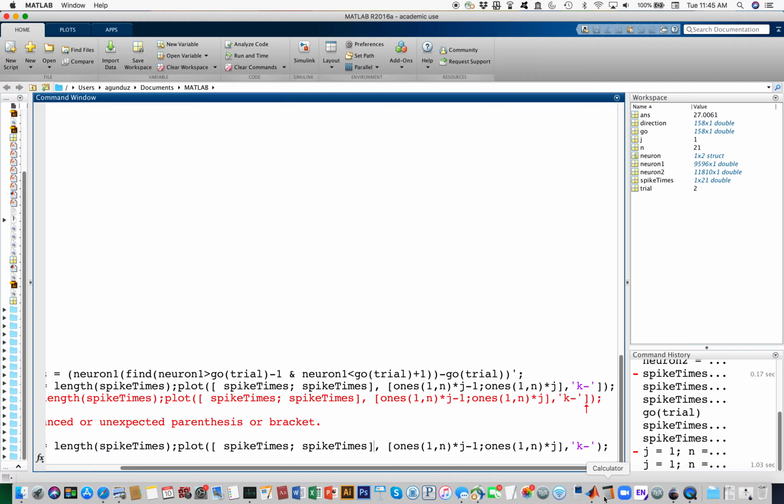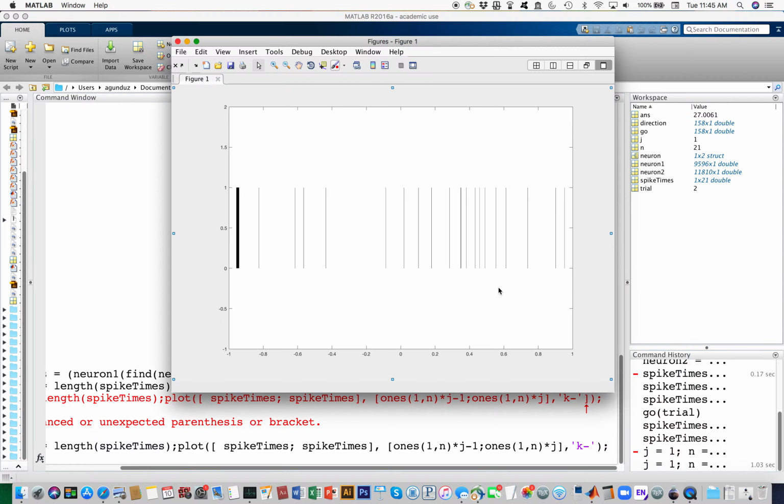Okay, so going back to my figure, we can see that's exactly what happened. We had a dot at minus 0.95 plotted at 0, and we had the same dot plotted at 1, and this plot function basically drew a line between them.